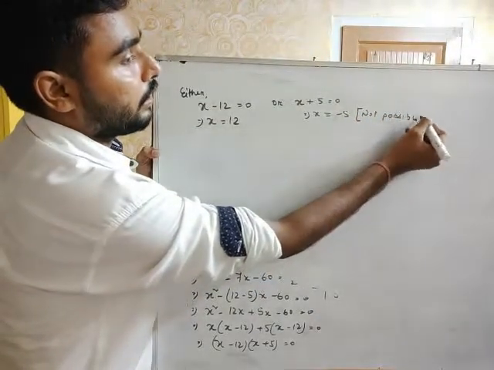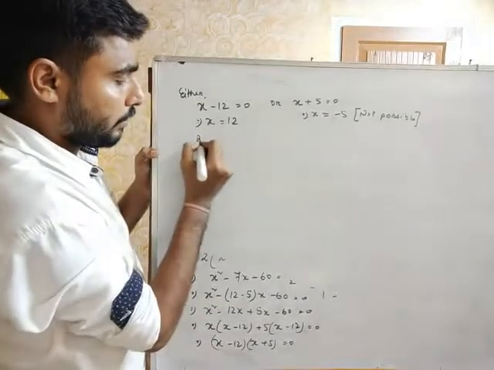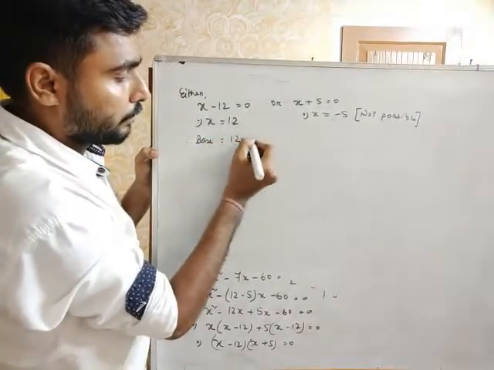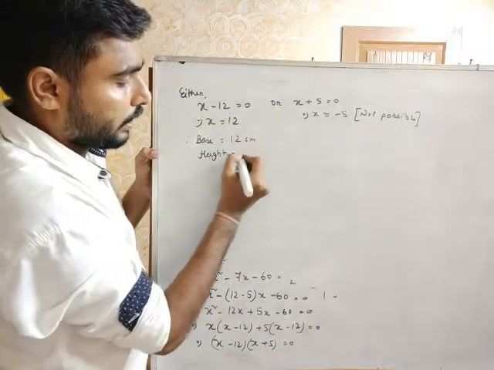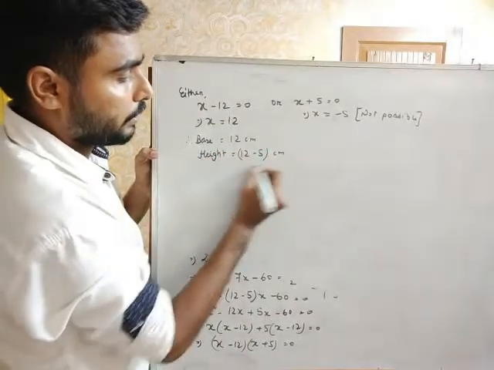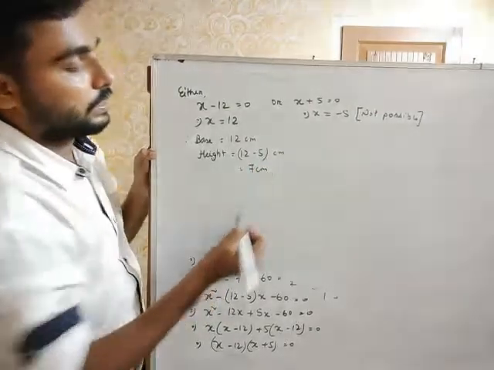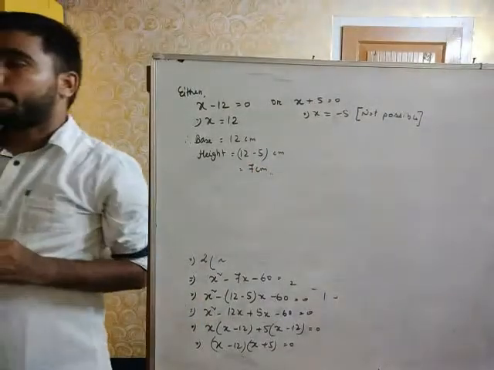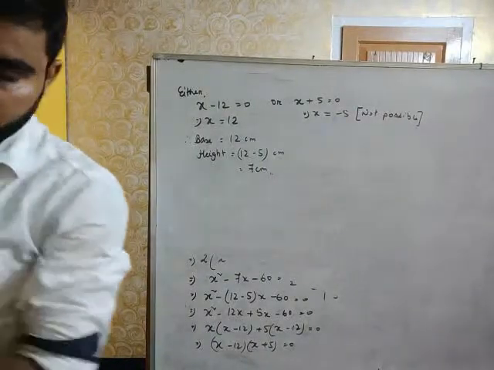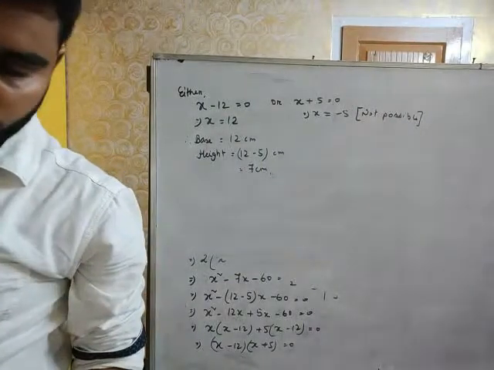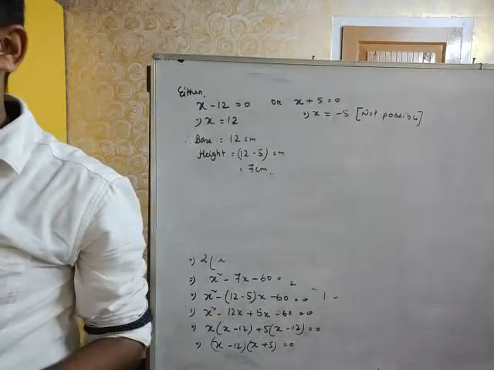The base of a triangle cannot be negative. Therefore, base is equal to 12 centimeter, height is equal to 12 minus 5 centimeter, that is 7 centimeter. Here, anything else? Is there any doubt, anyone?